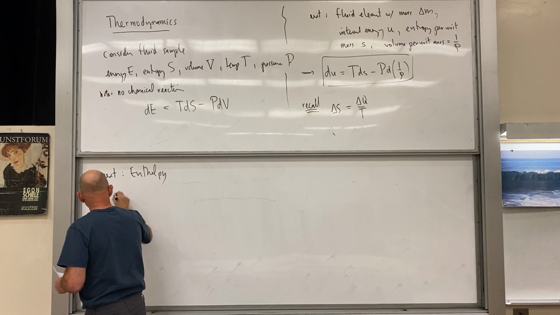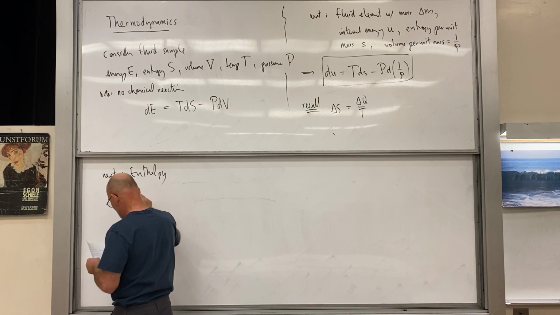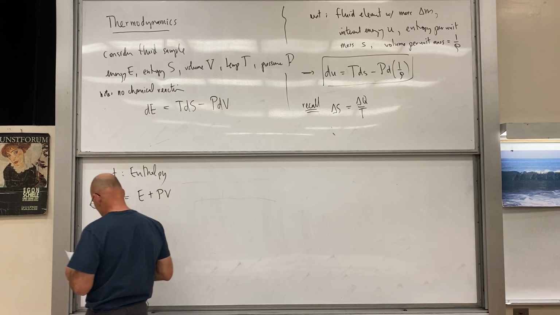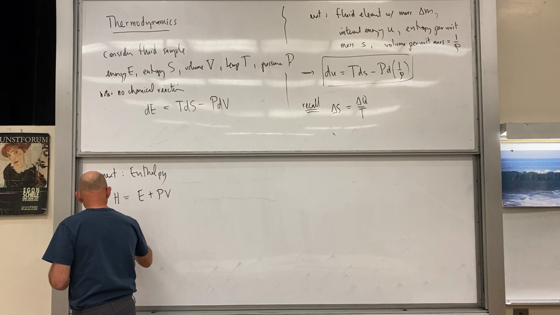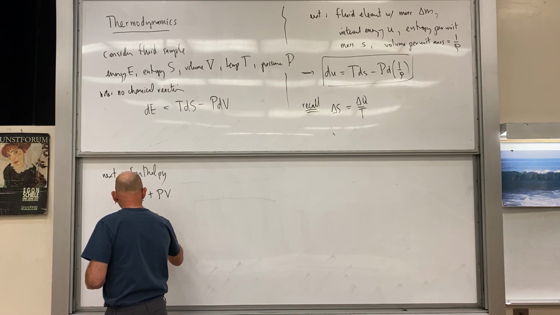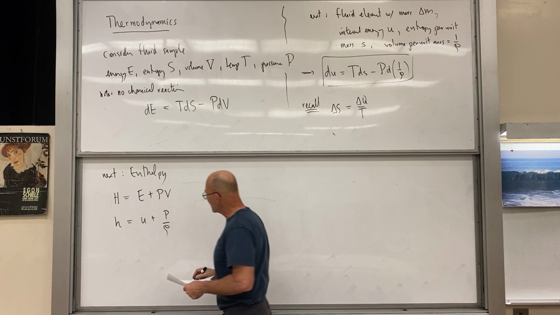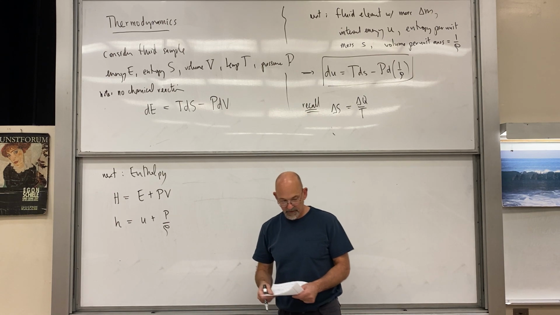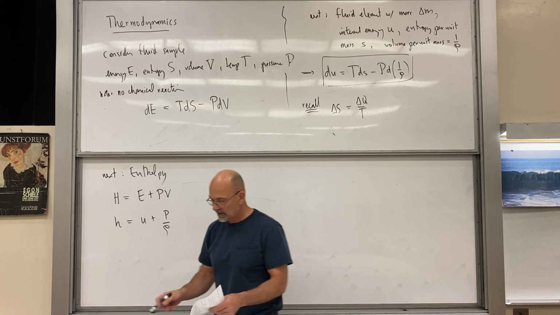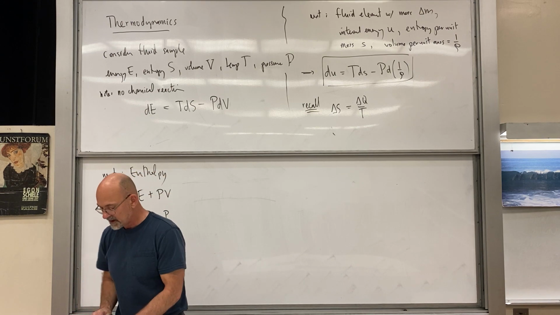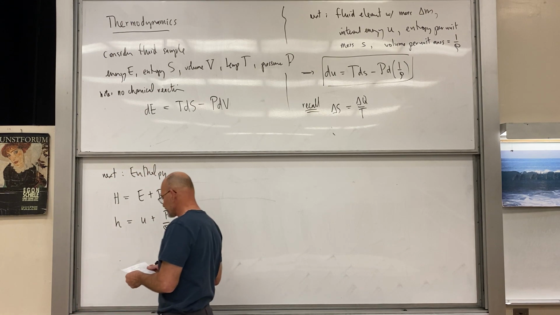We're going to use capital H equals E plus P times V, and then lowercase h will be U plus P divided by rho. And now we'll take the total differential of this, and this is essentially a Legendre transformation.